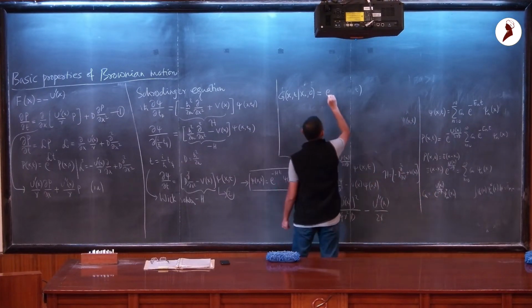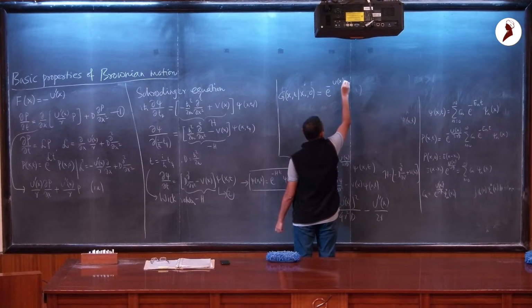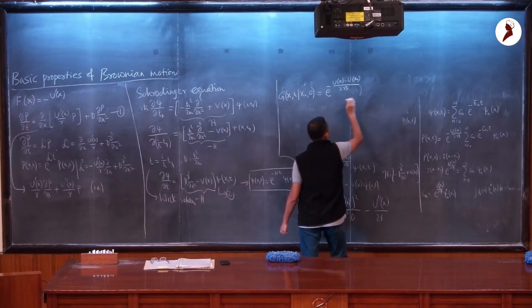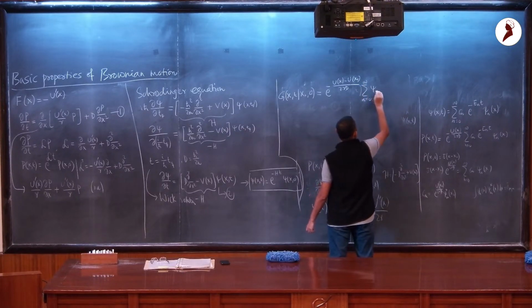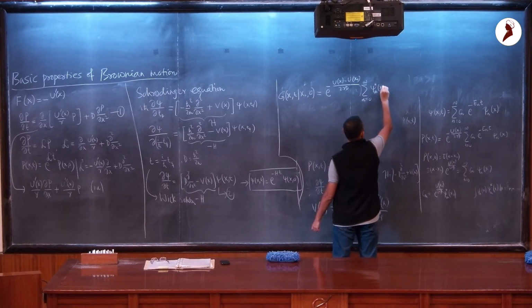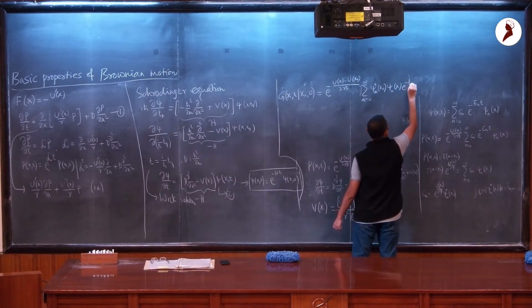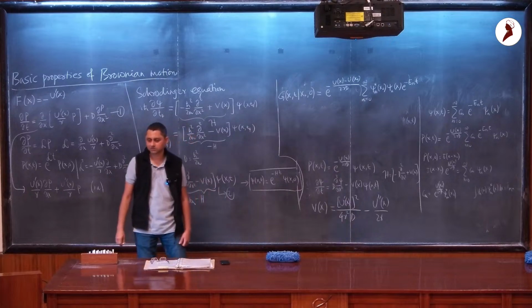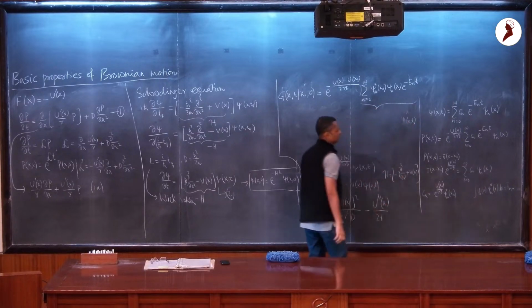This term: exponential of minus ux minus ux0 divided by 2 gamma d, times the sum over n equal to 0 to infinity of psi n star of x0 psi n of x e to the power minus En t. Okay, and this guy is what?